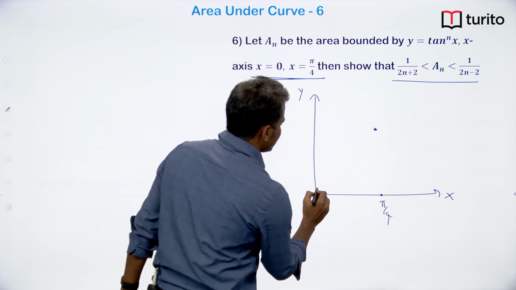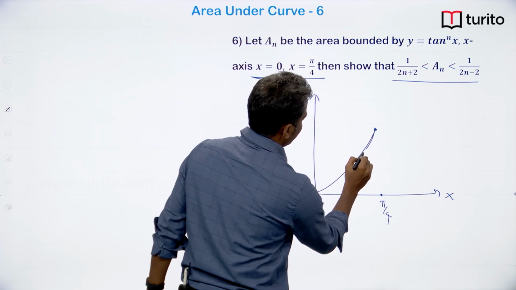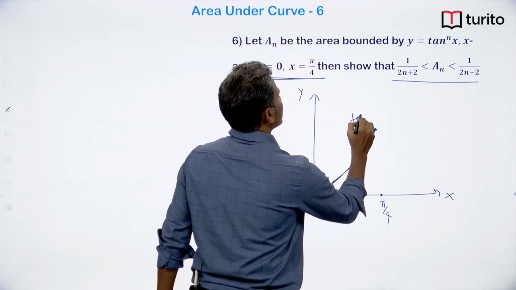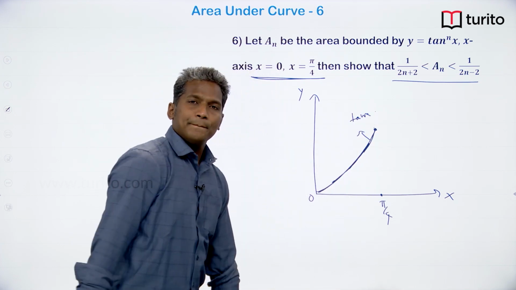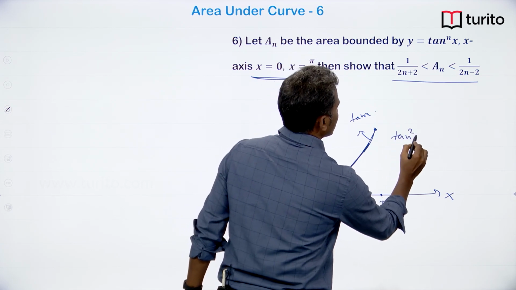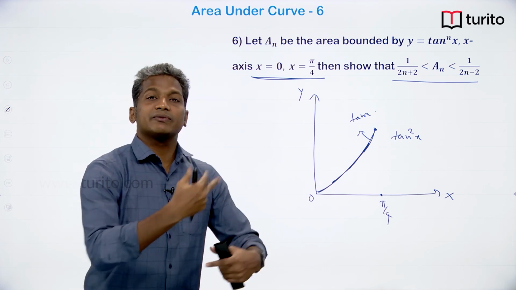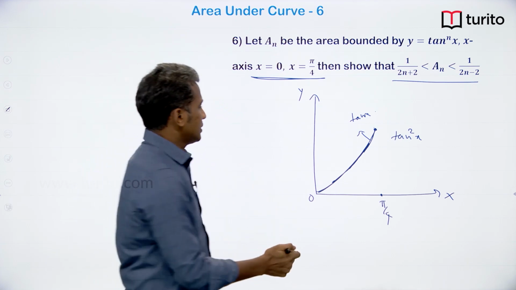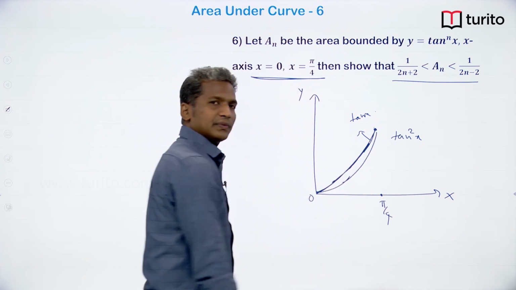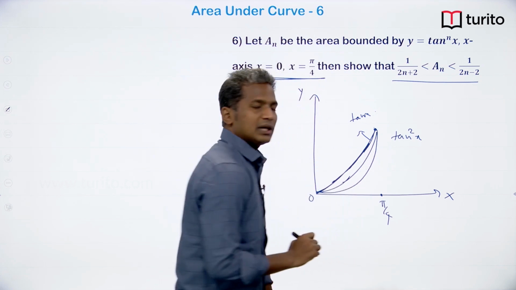Now the graph of tan x will be somewhat like this. We can take this as, let us say, the graph of tan x. Okay. What about tan square of x? Because the value of tan x is between 0 and 1, when we square it the value is going to reduce. So the graph of tan square will be further down. What about tan cube? It will be even further down. What about tan power 4?